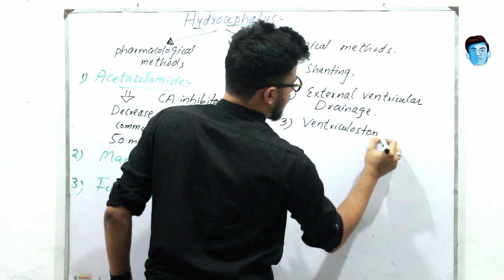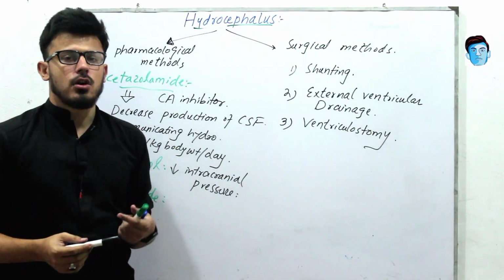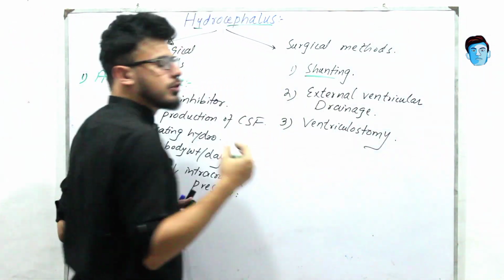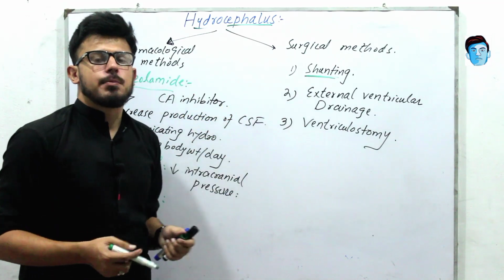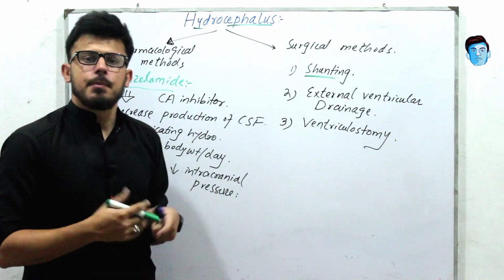Shunting is considered the treatment of choice in the case of obstructive hydrocephalus. Here one side of the shunt is placed in the ventricle, and the other side is inserted into the right atrium or peritoneal cavity.